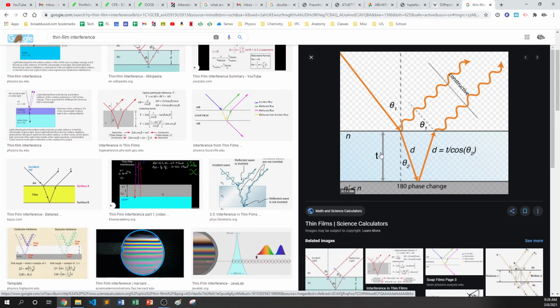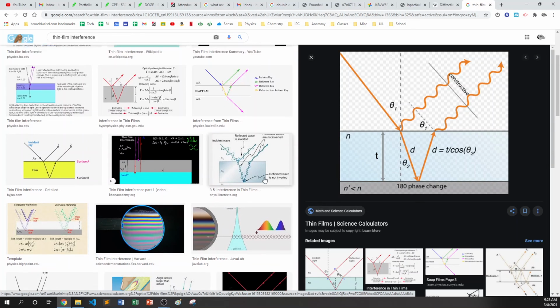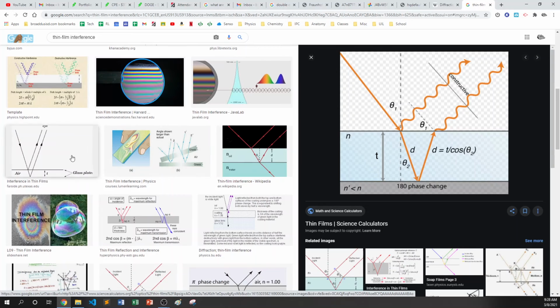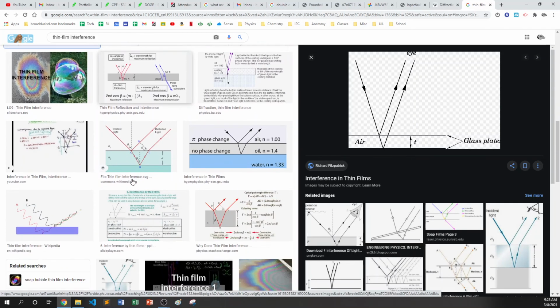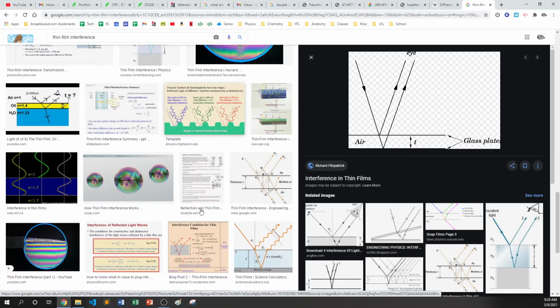So T is the width, the thickness of the oil. You can also get a glass plate. It's also when you look at a CD, how you see the rainbow effect in it, or anything like that.